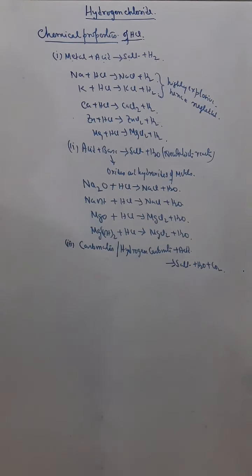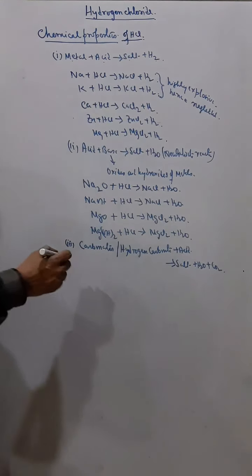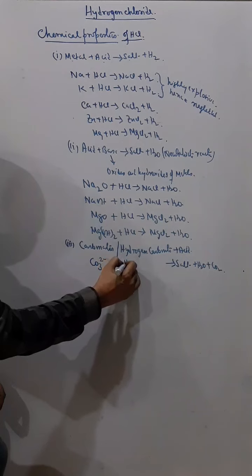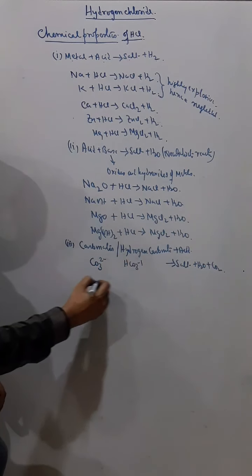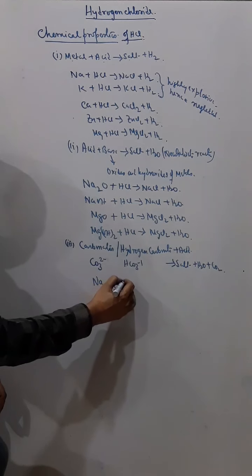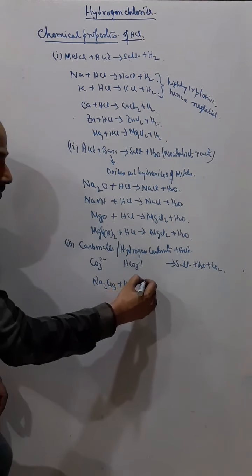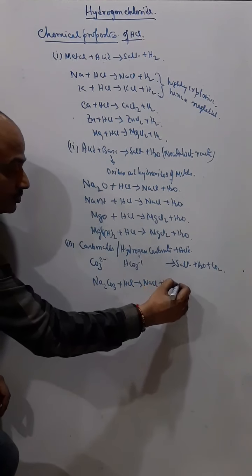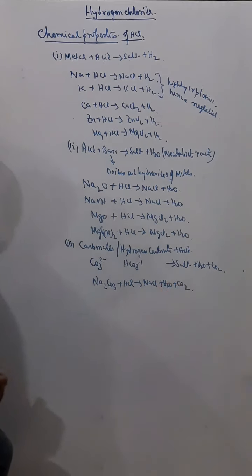Carbonate is CO3 2 minus, and hydrogen carbonate is HCO3 minus 1. So like this, if you take sodium carbonate Na2CO3 plus HCl, you get what? NaCl plus H2O plus CO2.